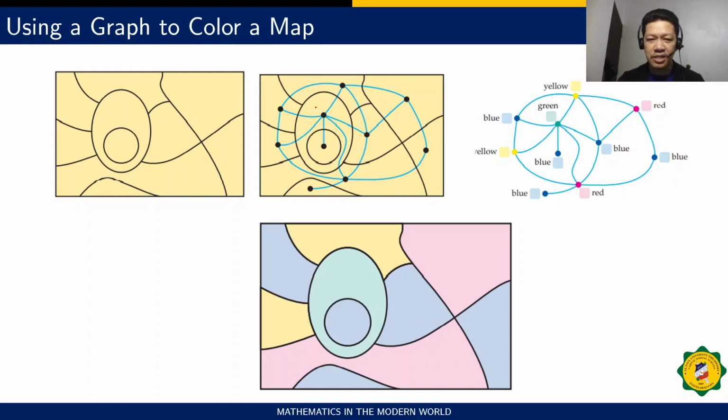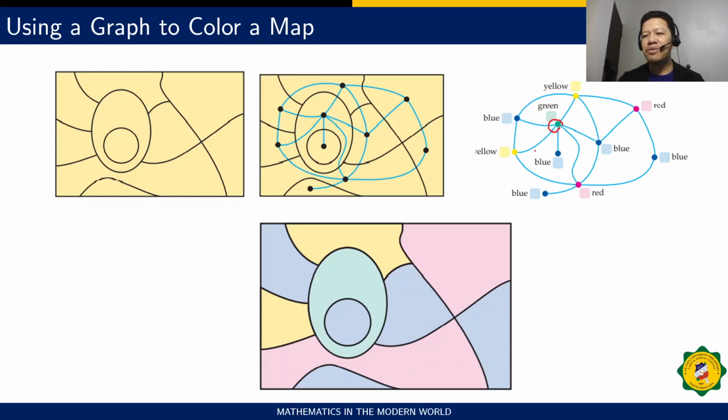For example, you put green here for this vertex or this place, and then make sure that all the vertices connected to that point should be of different color. So if this is green, the others should not be green. So if you color this as green, the other points connected to it should not be green, as you can see here. So that's it, we're done with it.